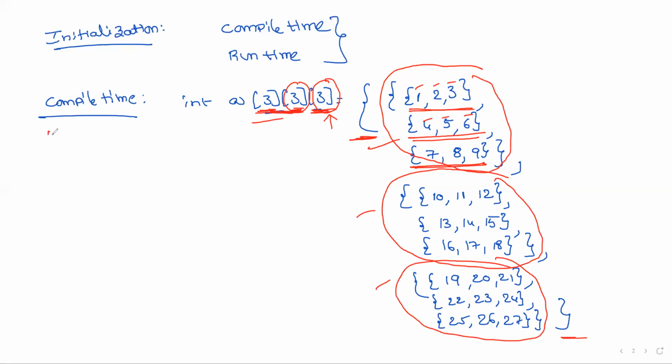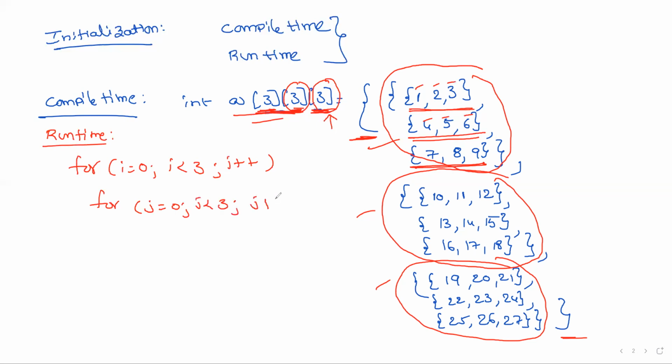Now, what do you mean by runtime initialization? If it is a three-dimensional array, we are using three for loops like this. For i is equal to 0, i less than 3, i plus plus. For j is equal to 0, j less than 3, j plus plus. For k is equal to 0, k less than 3, k plus plus.